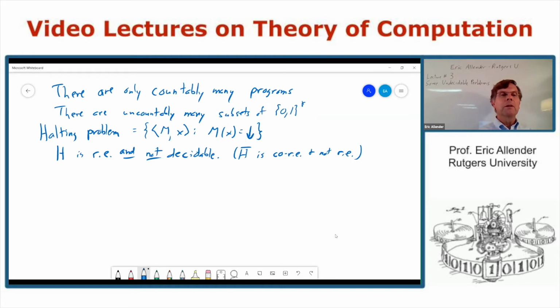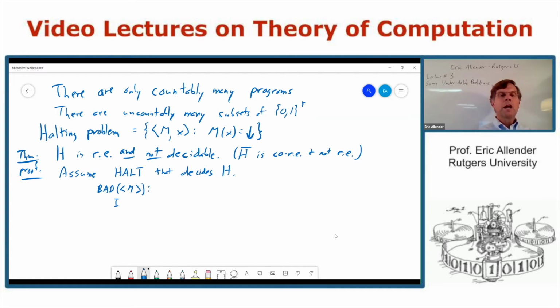Okay, so how do we prove this? This is a theorem. It'll be a proof by contradiction. Assume otherwise. So in particular, assume that halt is some subroutine, some program that decides H. Well, then consider the following program, which I'm going to call bad. Bad takes as input the encoding of a machine, M, and what does it do?